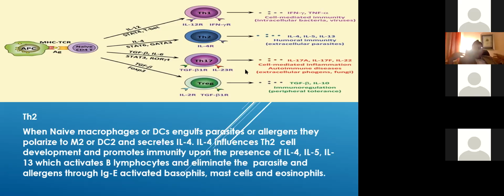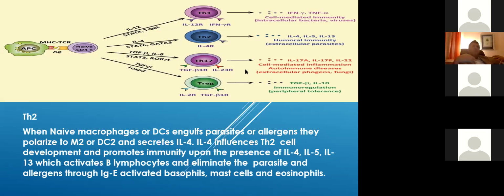If the macrophage engulfs antigens of parasites, let's say a patient has a worm in his stomach and the macrophages are eating the antigen being released from this worm, or the macrophages are eating allergens, for example pollens.